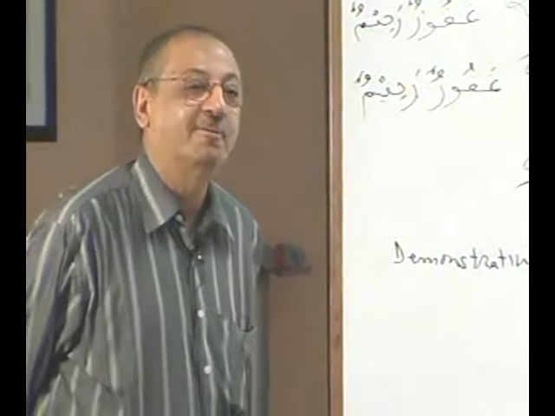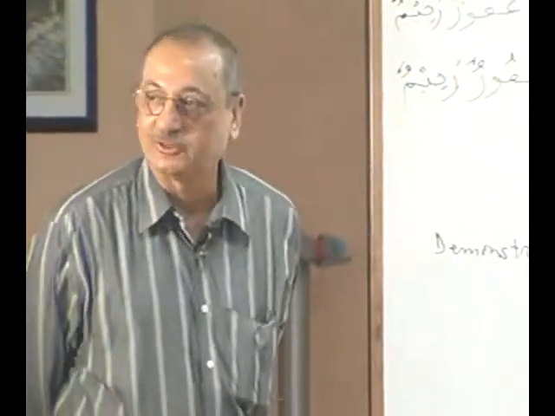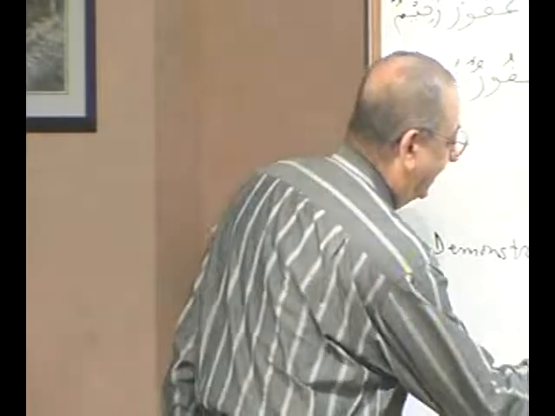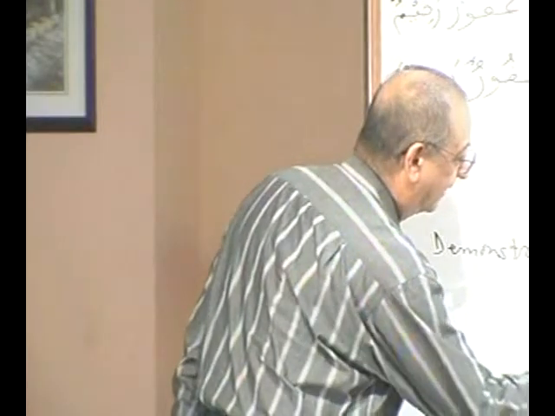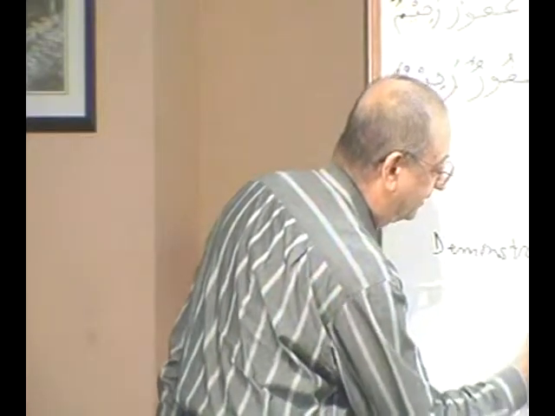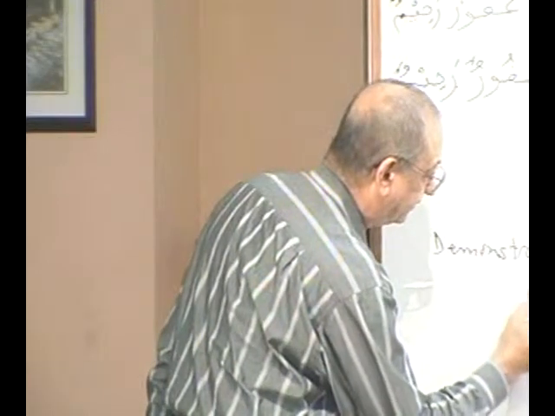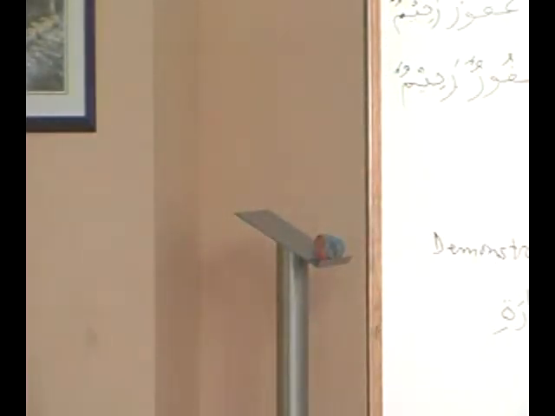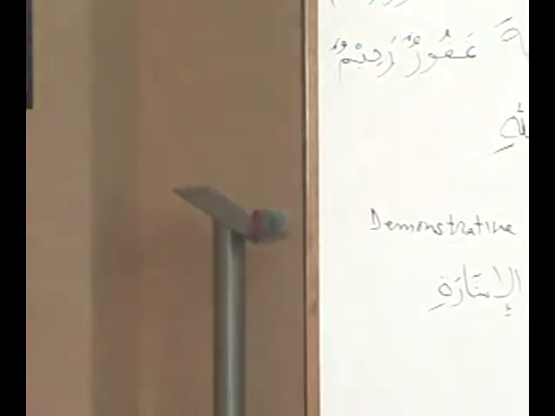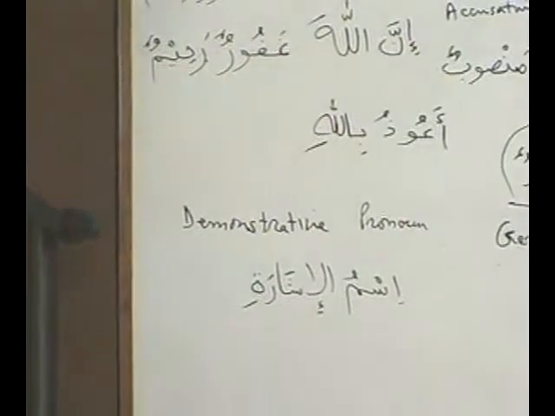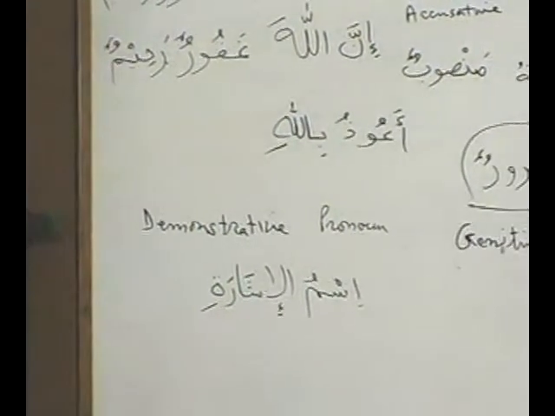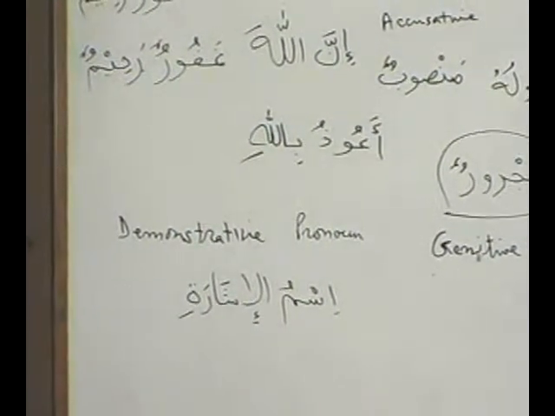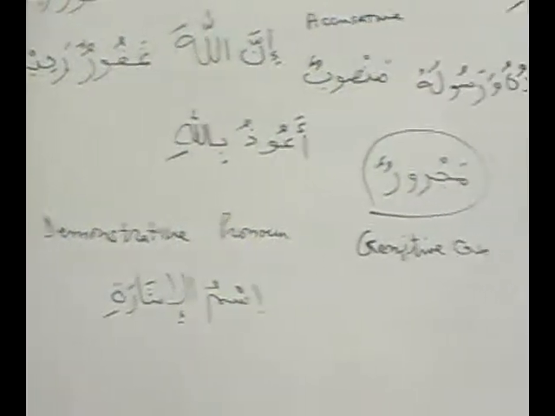Those who are familiar with Urdu will find the course very easy. Ismul Ishara. We will be repeating it. Right now I'm throwing these things at you, but please do not be gabarified, because we'll be repeating them, and it will, inshallah, become part of your vocabulary and part of your memory.